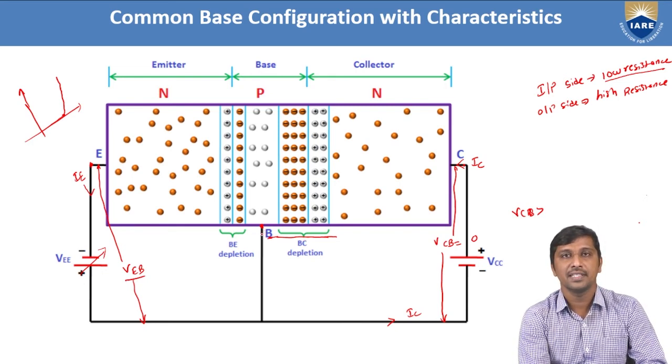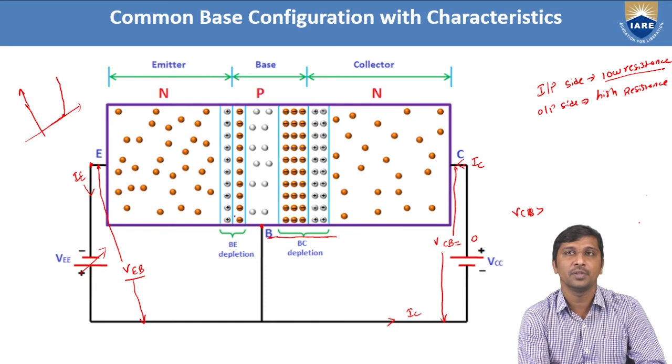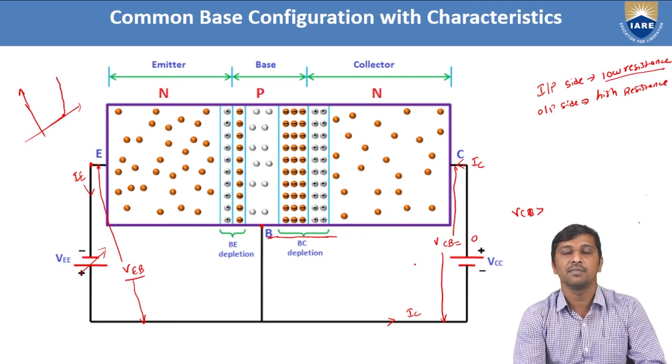Whenever the base width decreases, what happens? The charge carriers quickly cross from the emitter to the collector, bypassing the base. That is the reason. Whenever VCB is increased from zero, the conduction takes place earlier compared with when VCB is zero.